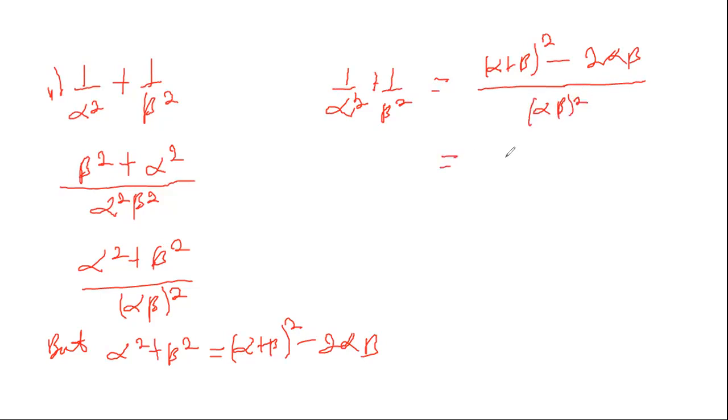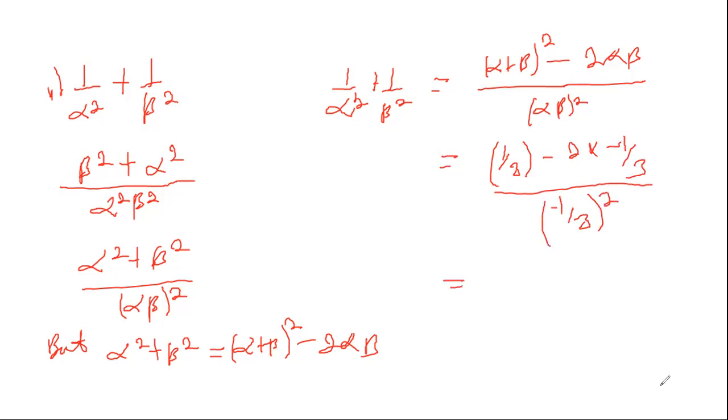So alpha plus beta was a third, minus 2 times negative a third, divided by negative a third to power 2.